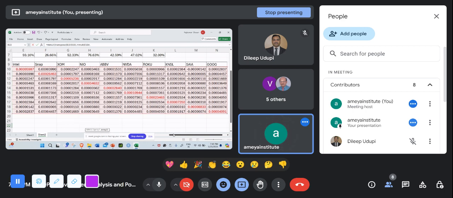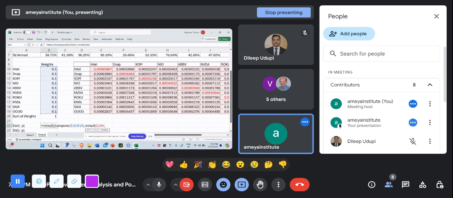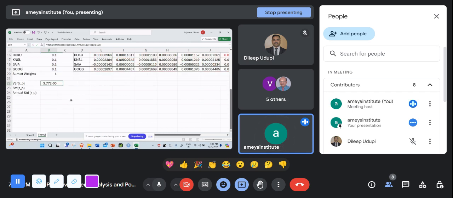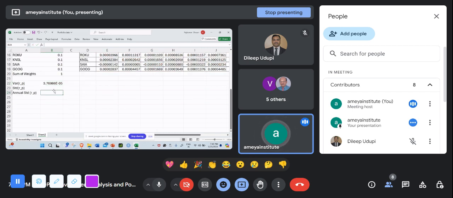Comma. Select the weight, close the bracket. Did you get this answer?